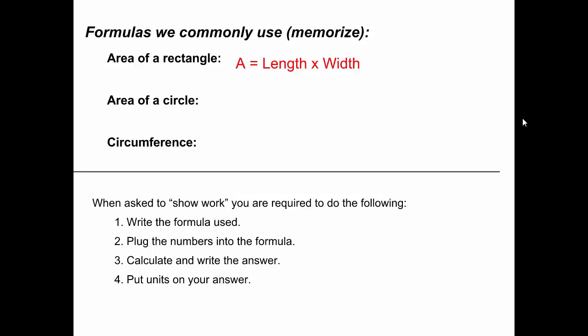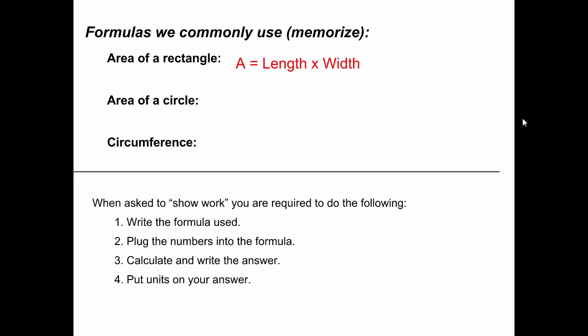Area of a circle. This is what people confuse sometimes. Isn't it the diameter times something else? No. It's the diameter of the circle divided by pi? No. Area equals pi times... I know the formula, but I have no idea how to explain it.